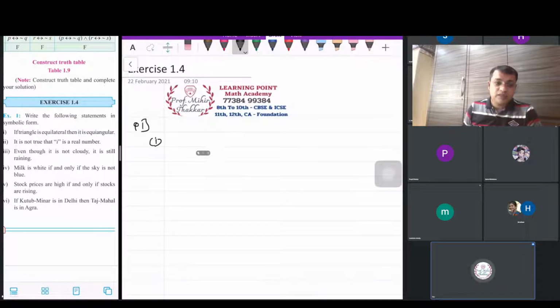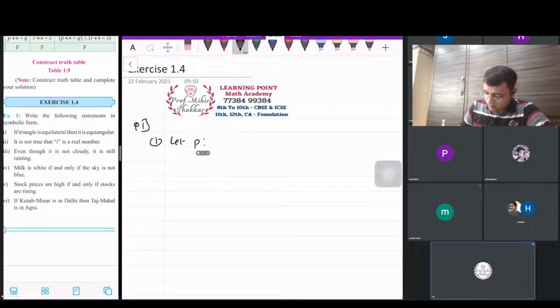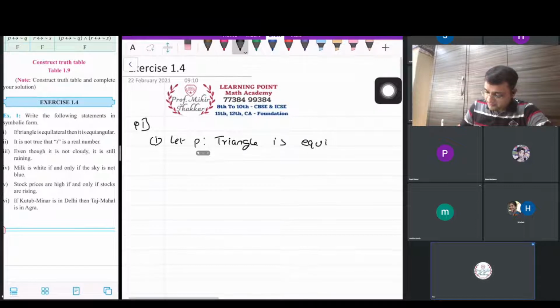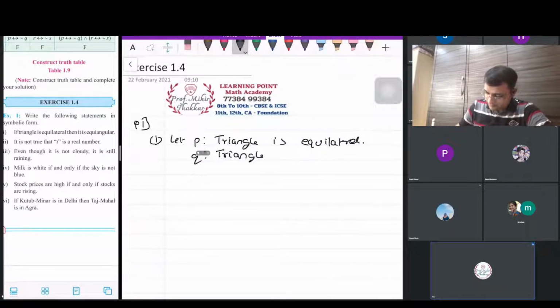So the statement here with if is that the triangle is equilateral. So I will write over here, let P denote the triangle is equilateral, and Q will denote that the triangle is equiangular.